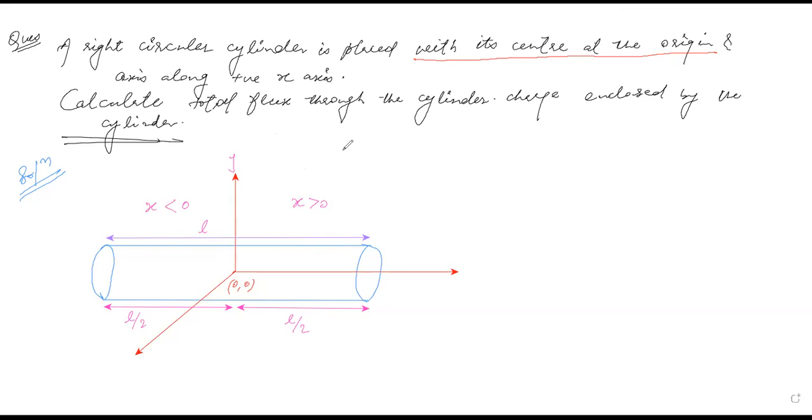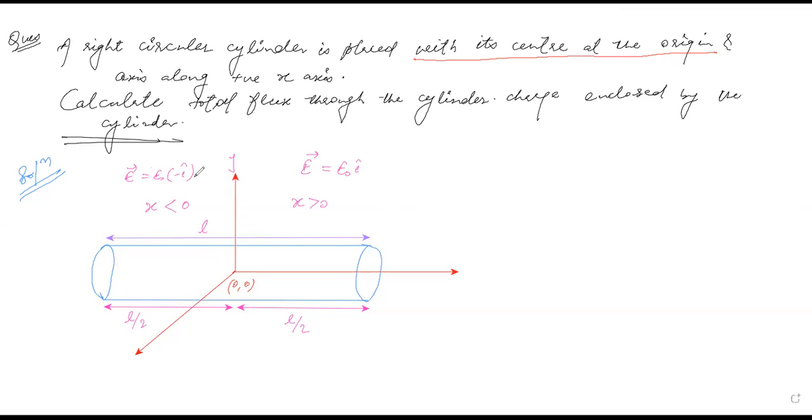Are you clear? Then the electric field along the plus x-axis is, suppose, E naught i cap, and on the left side the field is E naught times minus i cap.